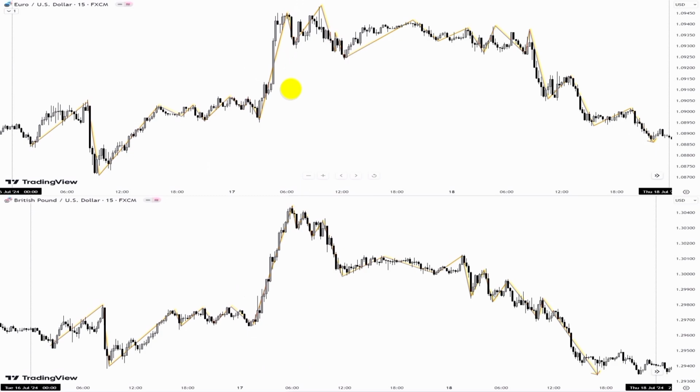The Euro USD and the GBP USD, for example, are positively correlated based on the example you're seeing, because the base currencies, the euro and the GBP, represent European states.